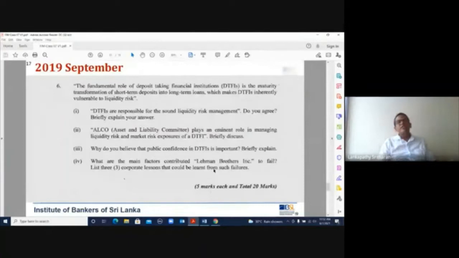This is the question paper of September 2019, which is related to risk management, particularly liquidity risk management.